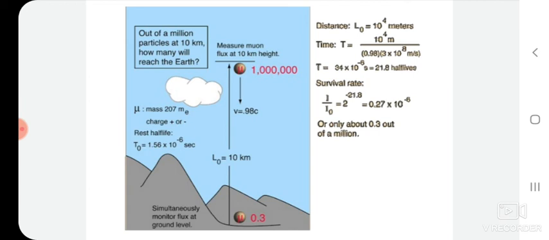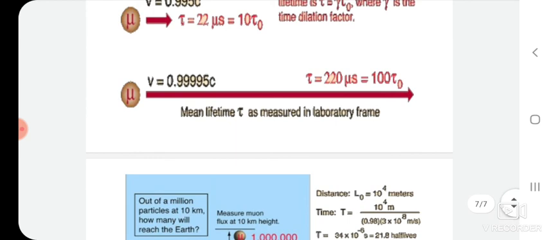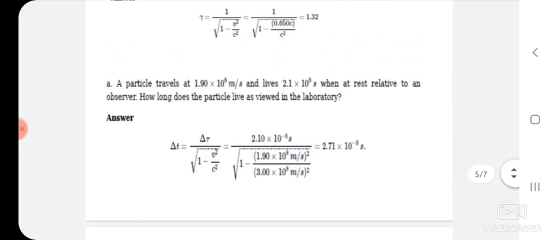Out of 10 lakh particles, only 0.3 particles can reach the ground due to the attenuation of the atmosphere. Okay, these are the numericals related to the time dilation phenomenon.